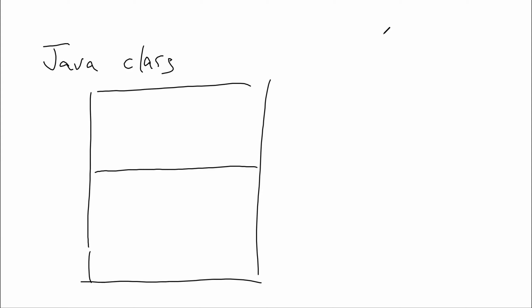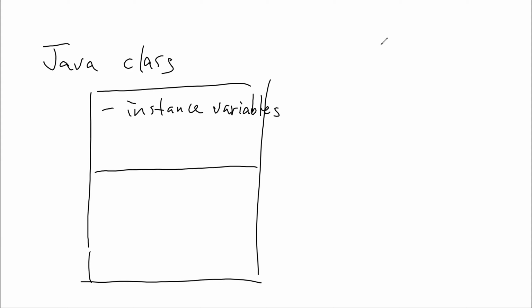Okay, but then let's come back to the Java class. In a Java class, we also have these two parts. Generally speaking, we call the private part instance variables.